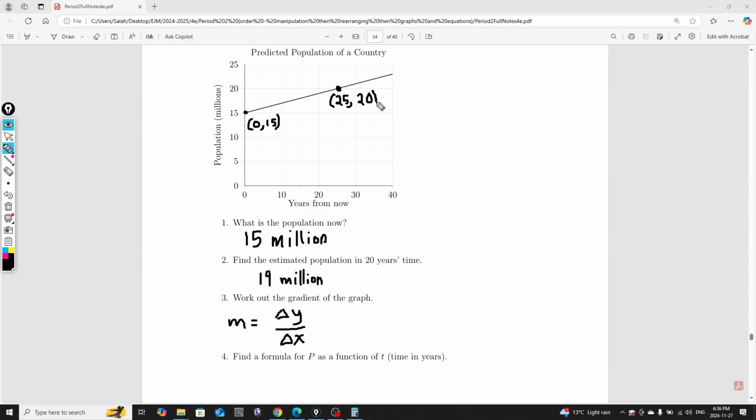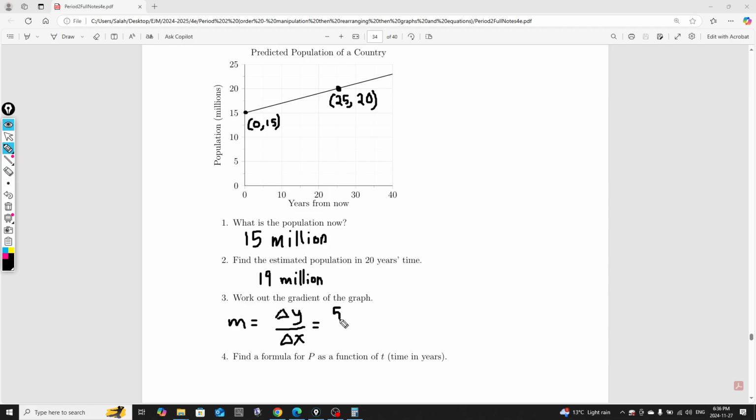Okay, so now that I've picked those 2 points, I can just figure out what are the vertical change and the horizontal change to go from point 1 to point 2. So going from point 1, which originally had a y value of 15, to point 2, which now has a value of 20, that increase was an increase of 5.